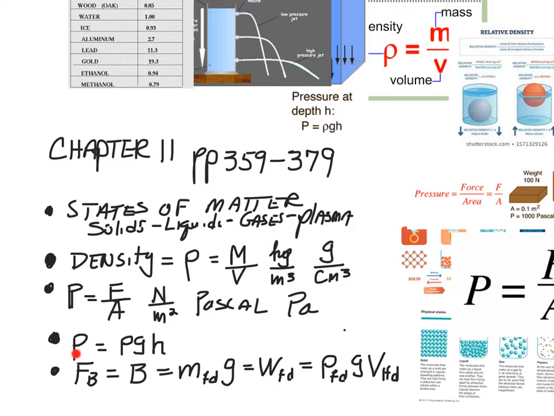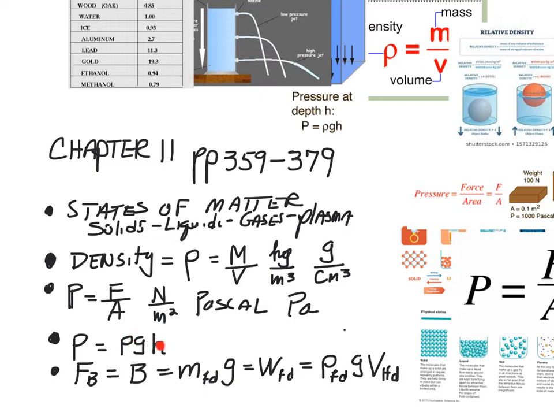So the pressure that we feel due to the air that we live in, the atmosphere, is great only because the height is very great, but the density of air is low. Whereas if you dive into a swimming pool and you go down 10 meters, then you're subject to a pressure which is twice the pressure of the atmosphere, because the water is so much more dense.